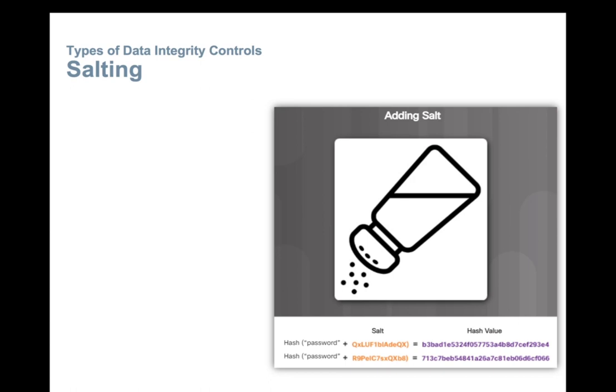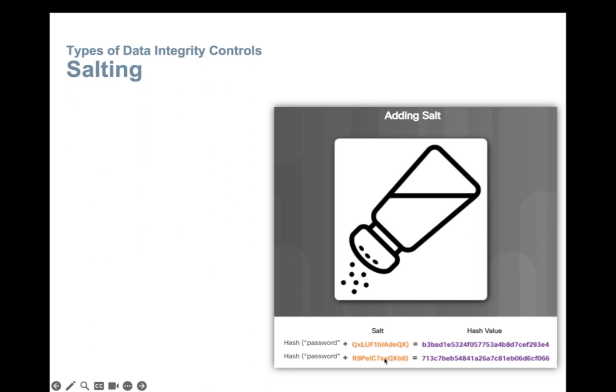So, what is salting? Salting makes password hashing more secure. If two users have the same password, they will also have the same password hashes. So you can see here.